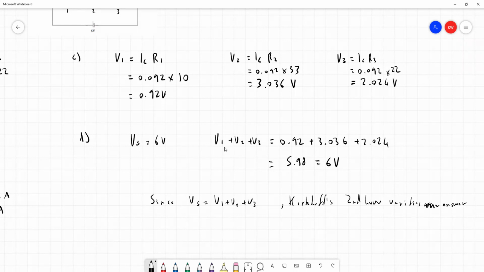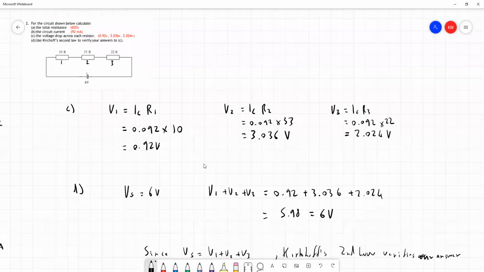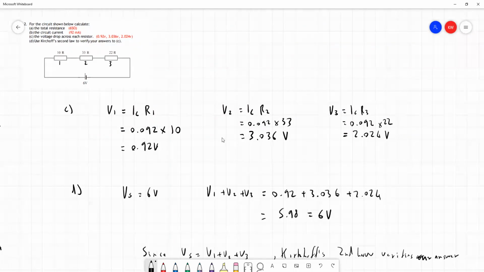You wouldn't always even need to write something like that, but a quick sentence at the end of a question like that, just to say, actually, yes, this is what we've shown here, is a good way to show that you've finished and you've correctly concluded the answer. So that is the answer to question 2.